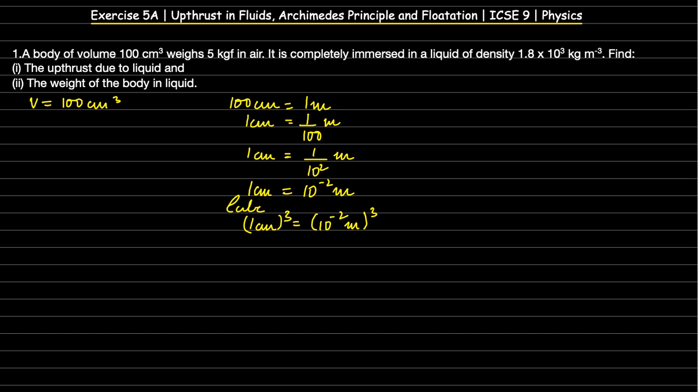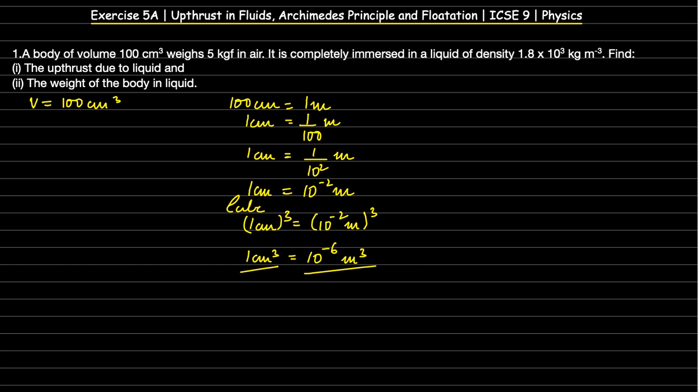Now 1 cube is 1 itself, centimeter cube is centimeter cube, and 10 to the power of minus 2 cube is 10 to the power of minus 2 into 3, so that is minus 6, and meter cube is meter cube only. So we get 1 centimeter cube is equal to 10 to the power of minus 6 meter cube. I hope this is clear how to convert this.